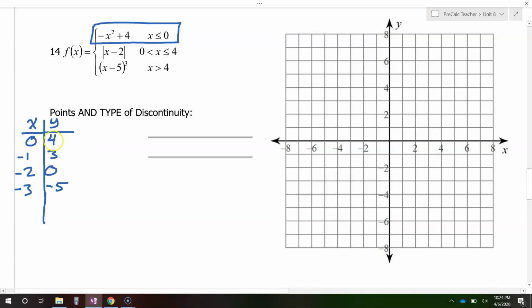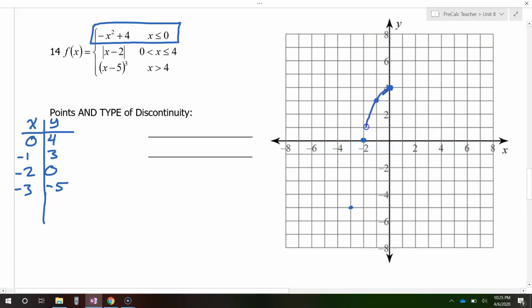So 0, 4 would be right here. -1, 3 would be right here. -2, 0. Okay. And -3, -5 would be right here.